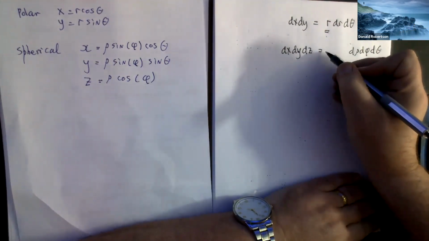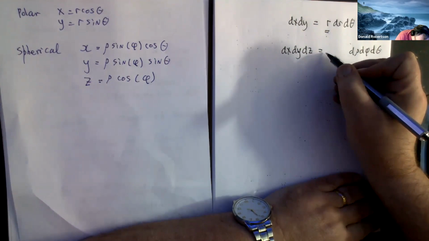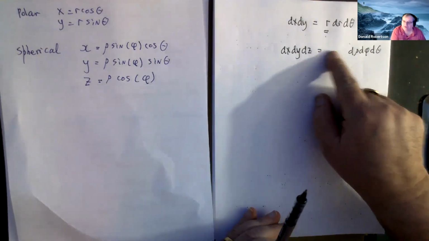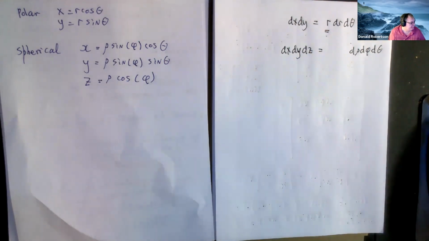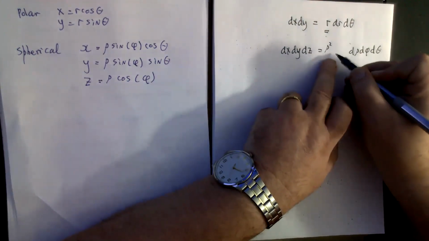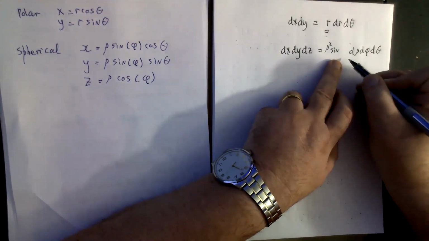And there was a guy here. Can anybody remember what the guy that goes here is? Any takers? Is that rho squared sine of phi?